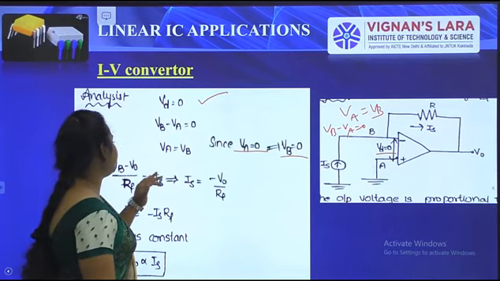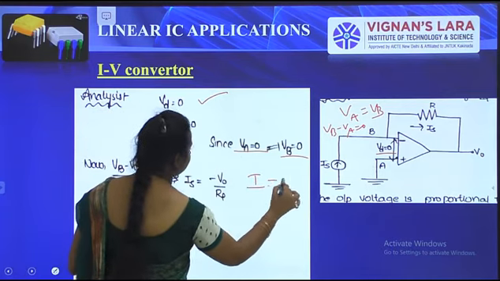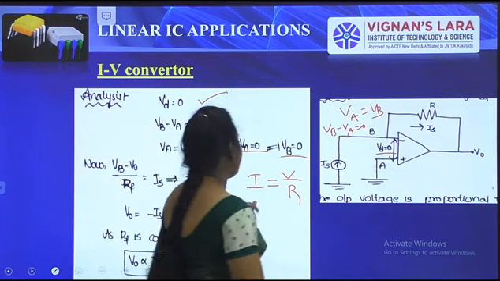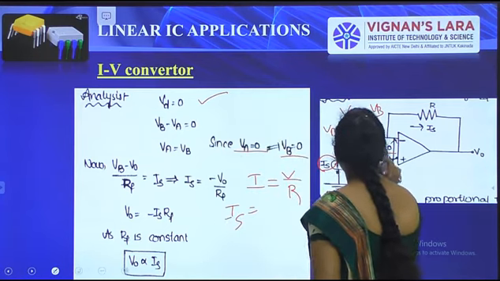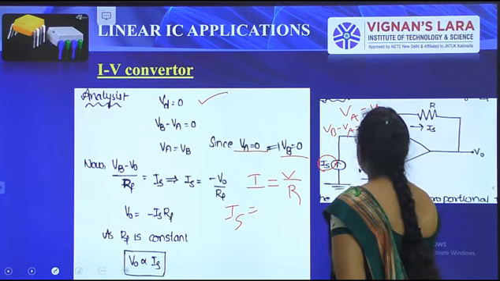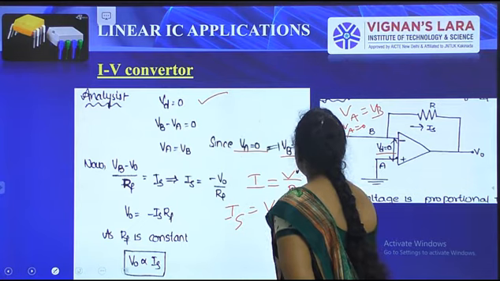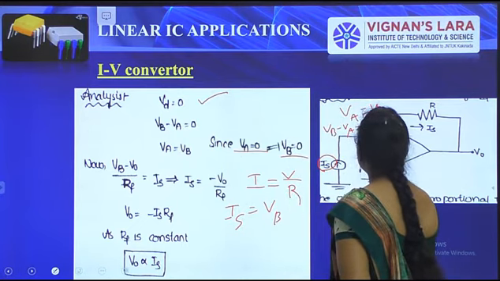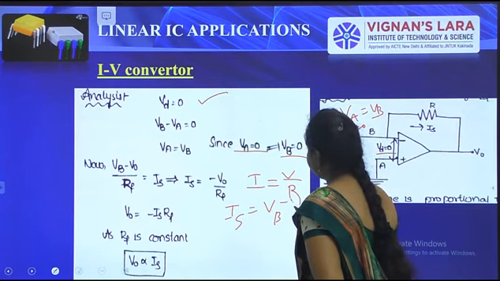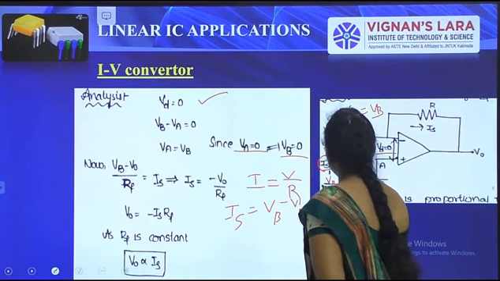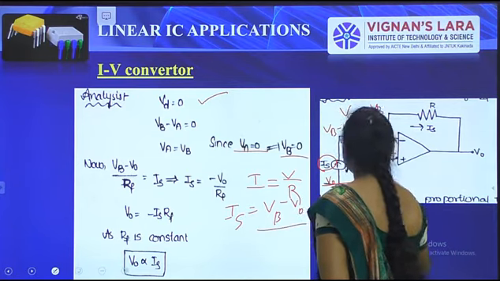Now we have I is equal to V by R. From this we have the IS term here. IS is equal to the voltage across this node B, which is VB minus V0, divided by RF.